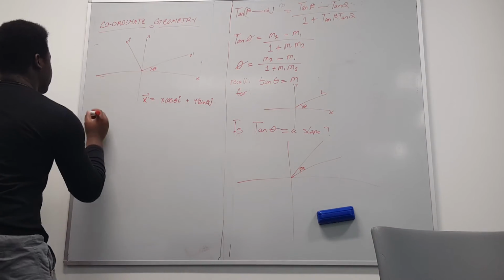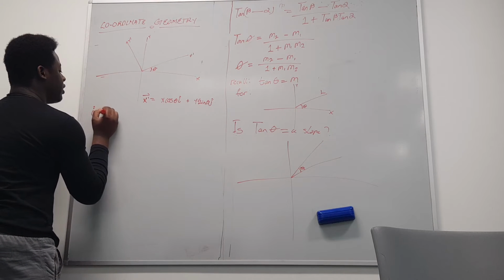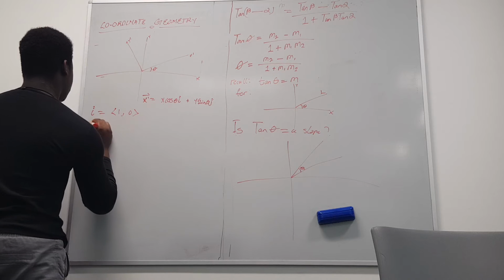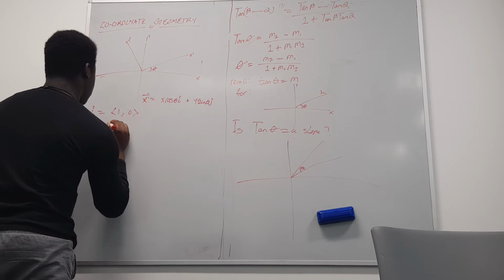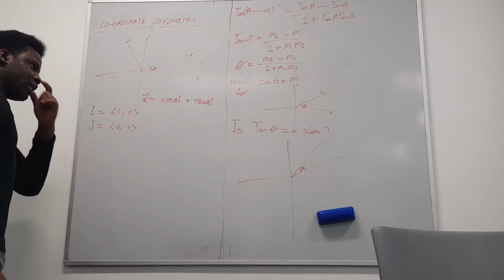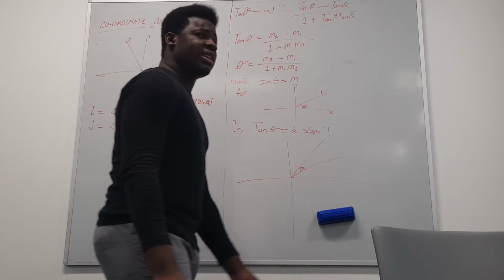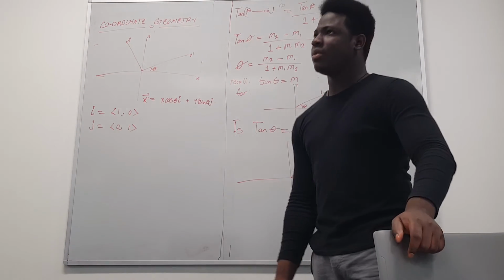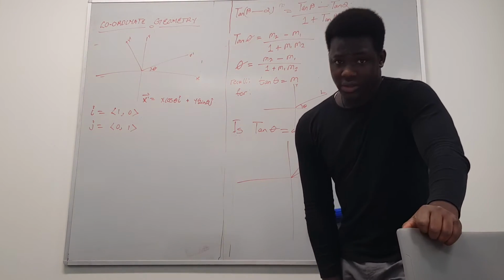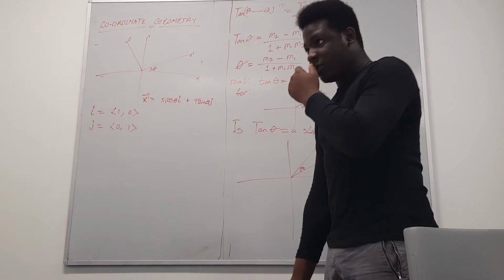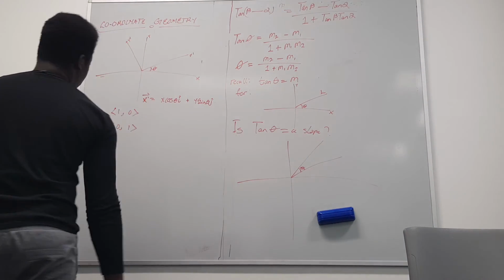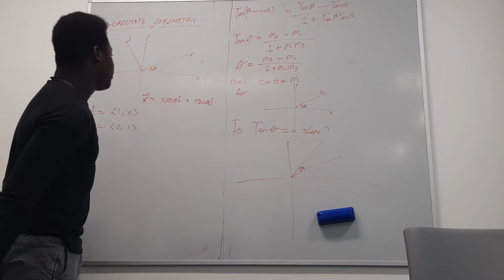So i is defined as the unit vector (1, 0), and j is defined as (0, 1). I'll go into the unit basis vectors in more depth later, but for this case, just know that this is true. So it's a unit vector. That's why I put a hat on it.